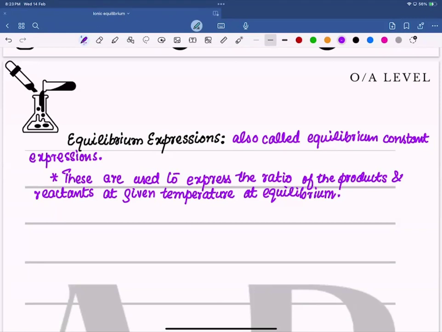So basically, these equilibrium expressions are the ratios of the reactants and products at a given equilibrium. We are saying constant, so they are temperature-specific constants. It means if the temperature changes, their values would change. Otherwise, if we change any other thing, their value would not change. Is this clear?